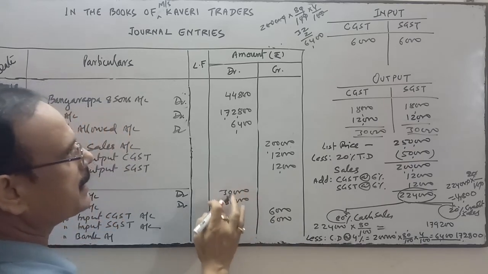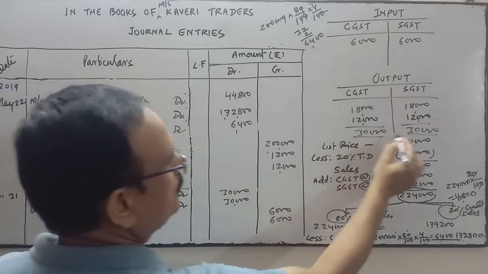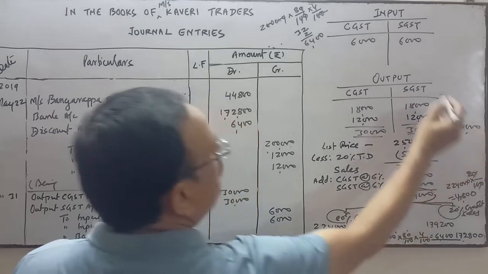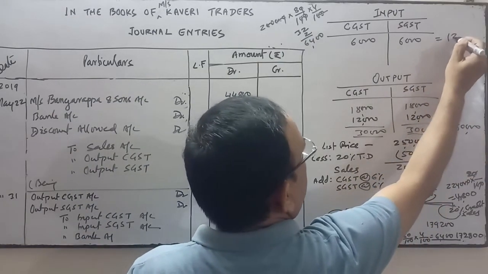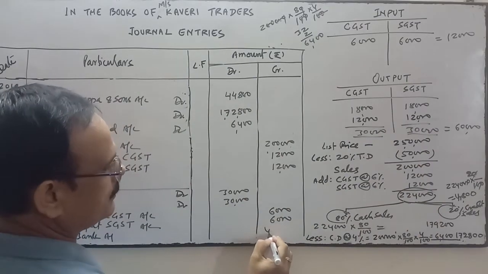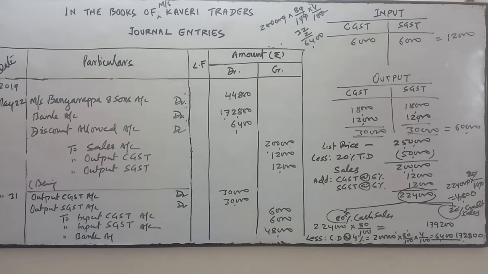So 60,000 minus 12,000 is 48,000, which will be paid through check and deposited into the government treasury.